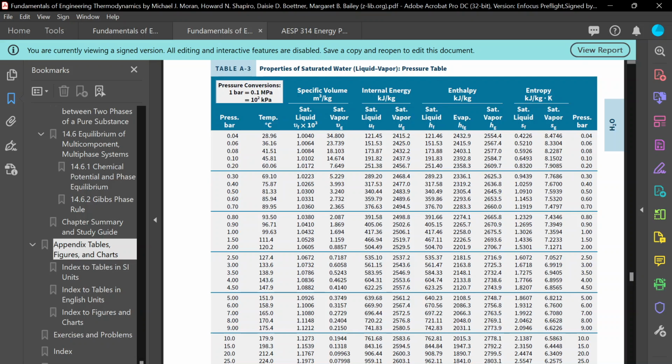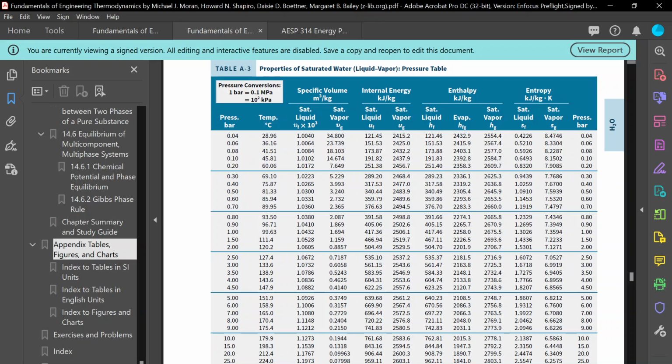This one, right? And you'll probably get this saturation condition at 90.93 degrees Celsius. And what are we reading here? Saturated liquid enthalpy.